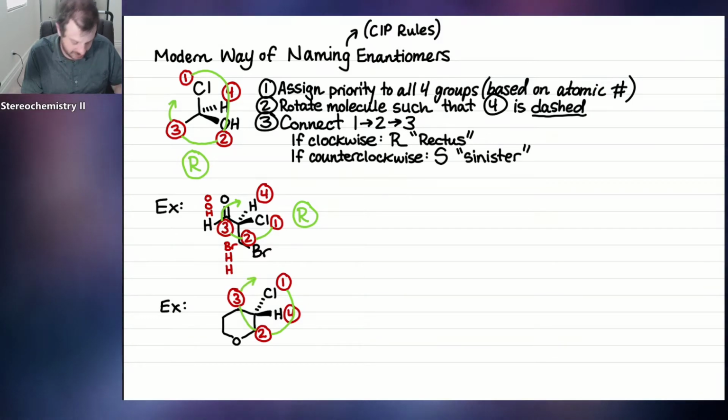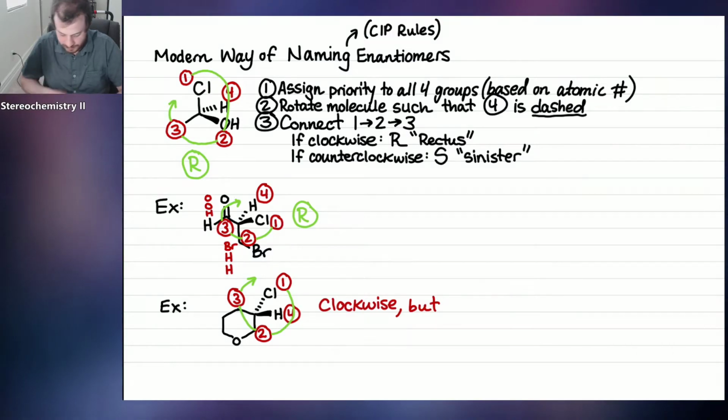I can see that the arrow is moving in a clockwise direction yet again, but 4 is wedged, not dashed.